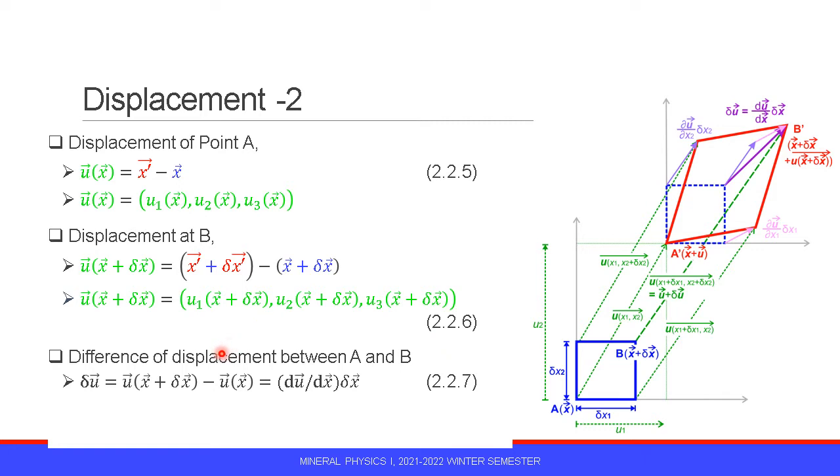Then the difference of the displacement between point A and point B, which is delta vector u, is equal to the vector u at vector x plus delta vector x minus vector u at vector x, which is equal to the derivative of the vector u with respect to vector x times delta vector x. Equation 2.2.7.